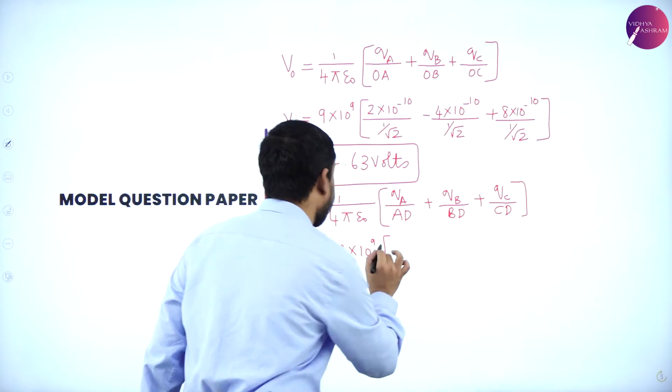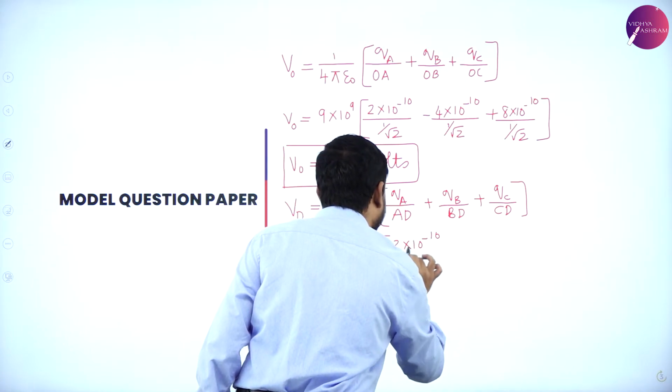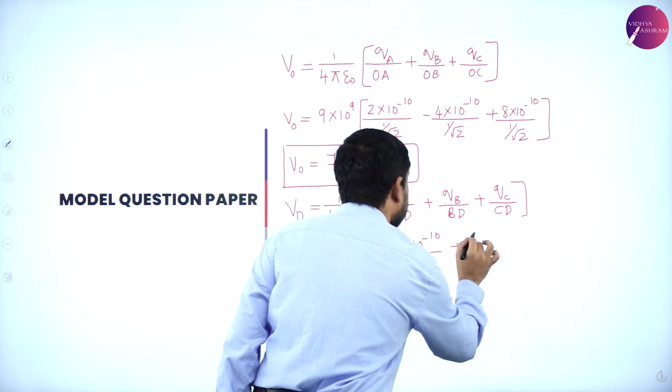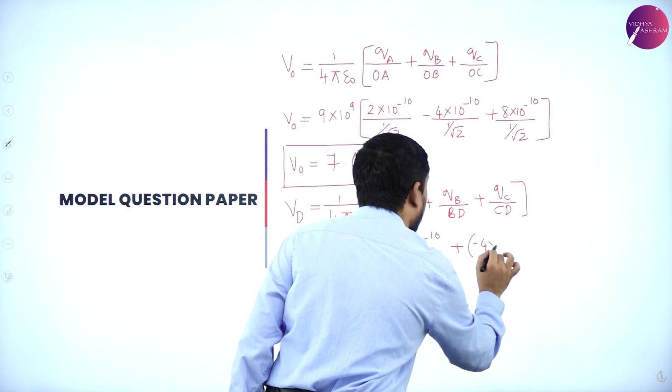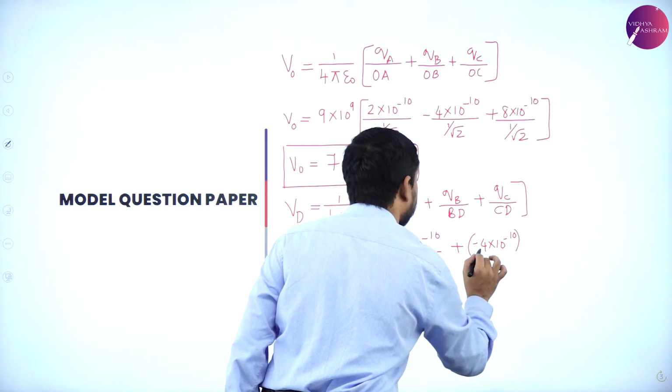Again, QA is 2 into 10 power minus 10 by AD is 1. So this is minus 4 into 10 power minus 10.